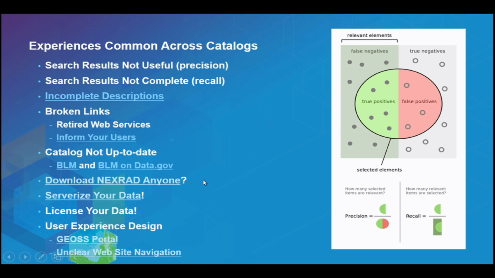Okay, so downloading data, I won't go through every one of these. NOAA has a large initiative on making their big data available, NextRad being one of those. The GOES-16 satellite that just came into operation is going to be the next one that is going to produce enormous amounts of data.